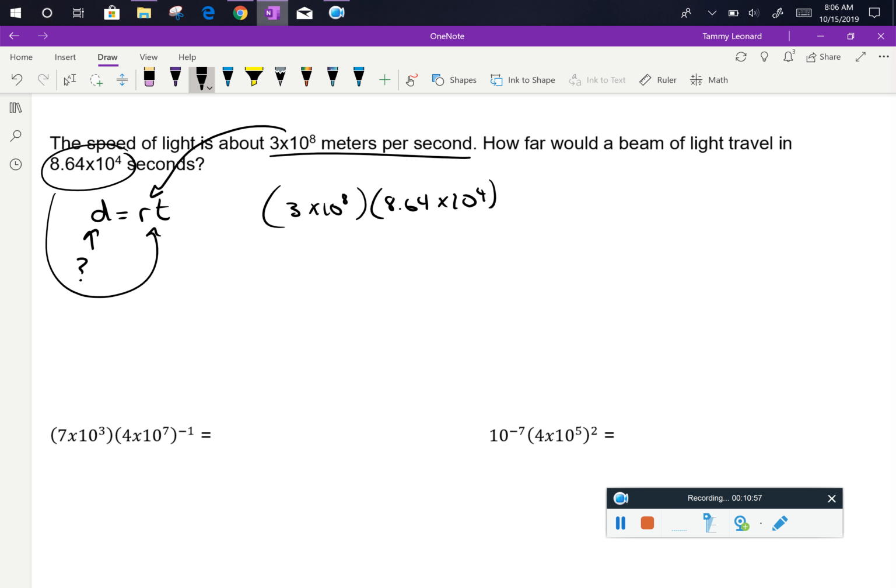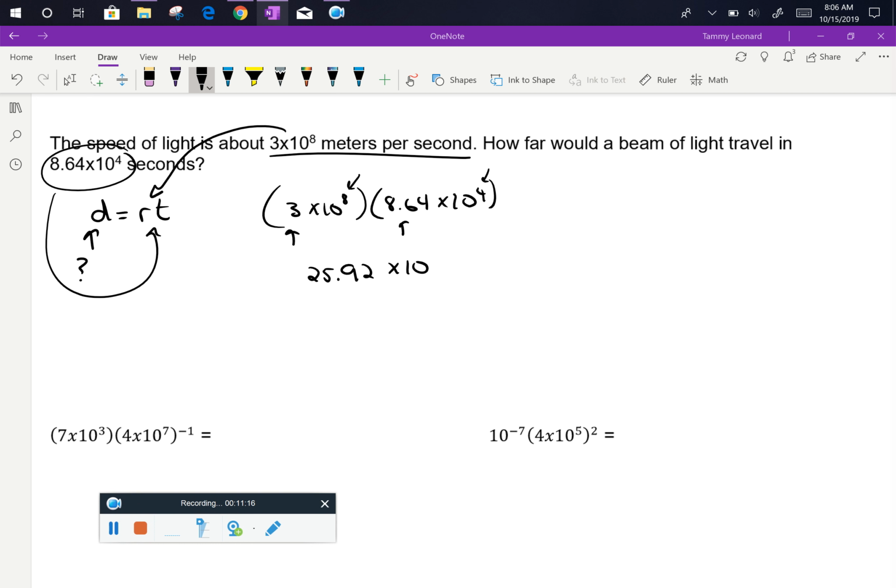We can break this down and multiply the 3 times the 8.64 because they're like the coefficients of the powers of 10, and we have 25.92 times 10 to the power. Now when we look at this, we have multiplication, so we know when we multiply with the same base, we add the exponents. 8 plus 4 is 12, so we have 25.92 times 10 to the 12th.